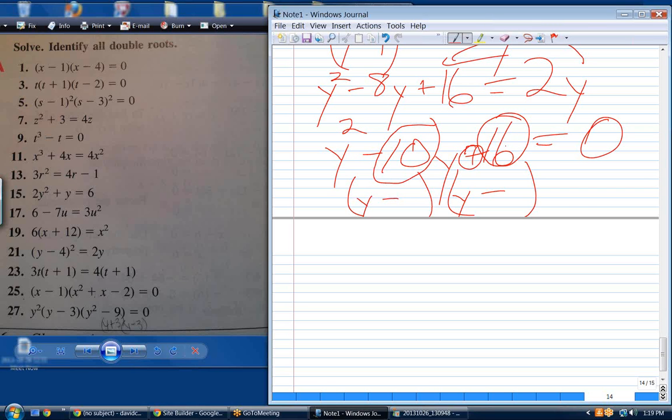We just want factors of 16 that add to 10. So what are those? 8 and 2. So my answer, y equals 8 and y equals 2.